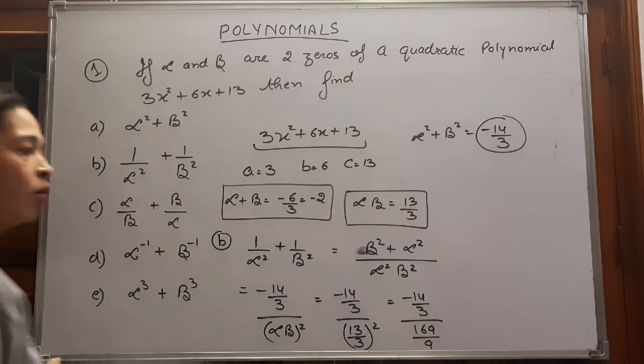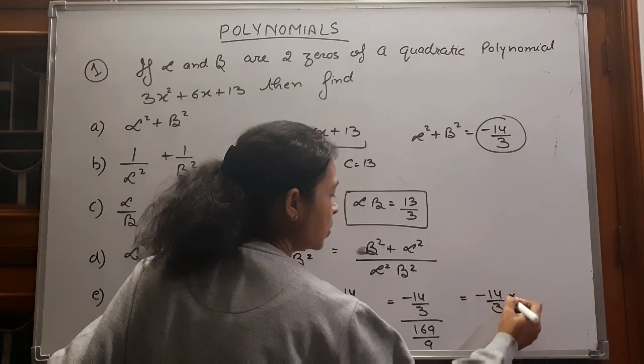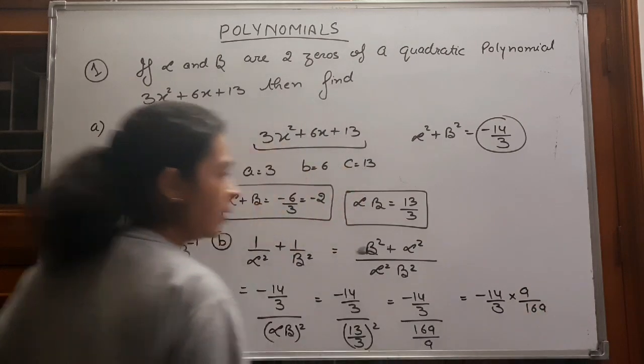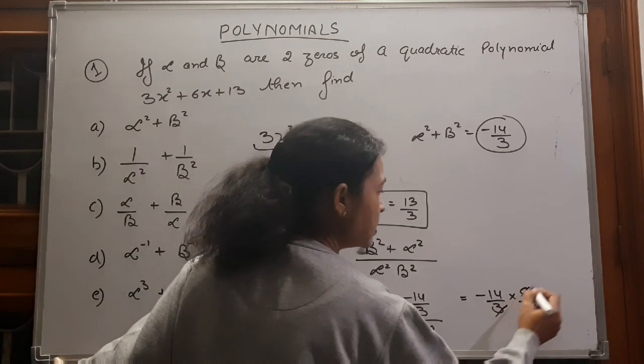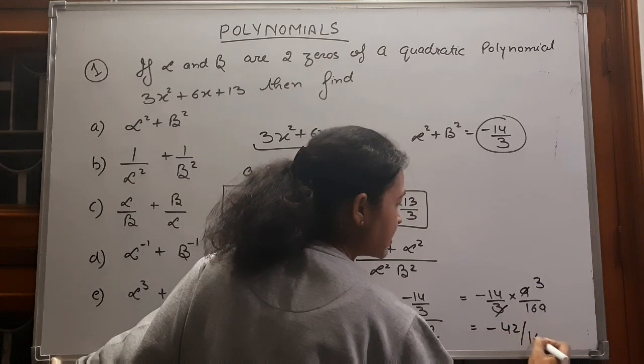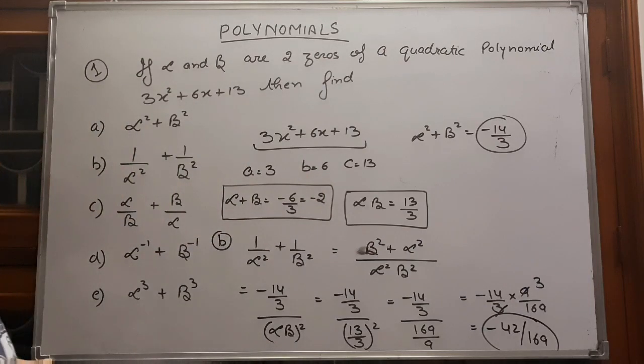We have a fraction in the denominator. What will we do? Minus 14 by 3 into the reciprocal of the denominator, 9 by 169. 3 threes are 9, so minus 42 by 169 is the answer of the second part, that is 1 upon alpha square plus 1 upon beta square. Pause the video and note it down.